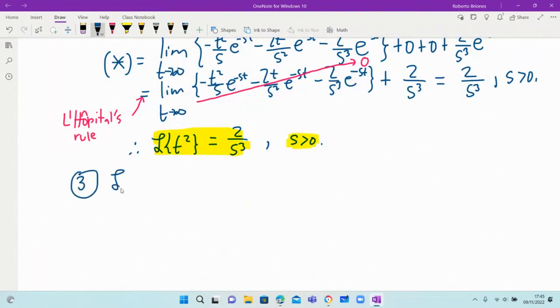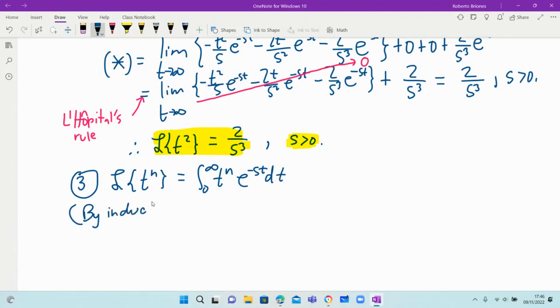In fact, if you are trying to consider the Laplace transform of the general polynomial term t to the n, which is by definition equal to this, then by induction, it can be proven that the Laplace transform of t to the n is no other than n factorial over s raised to the n plus 1.